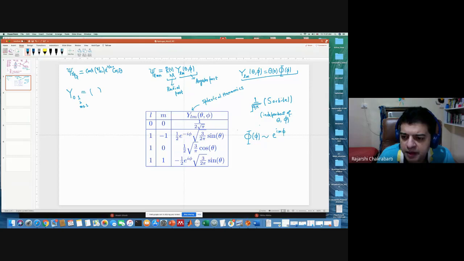So if I choose Y 0 1, at least I know the phi part is going to be exponential of i m phi. And if you check the expression of the theta part of the wave function, which is a little complicated, you will find that for 1 it will be sine theta. So what I have here is something like e to the power of i m phi times sine theta.